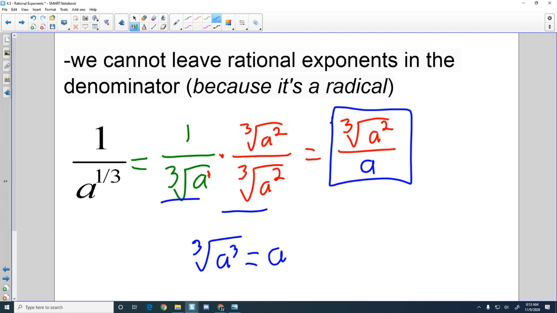So that's how we'd have to write that simplified fraction of 1 over a to the 1/3. Questions on any of these before going on?